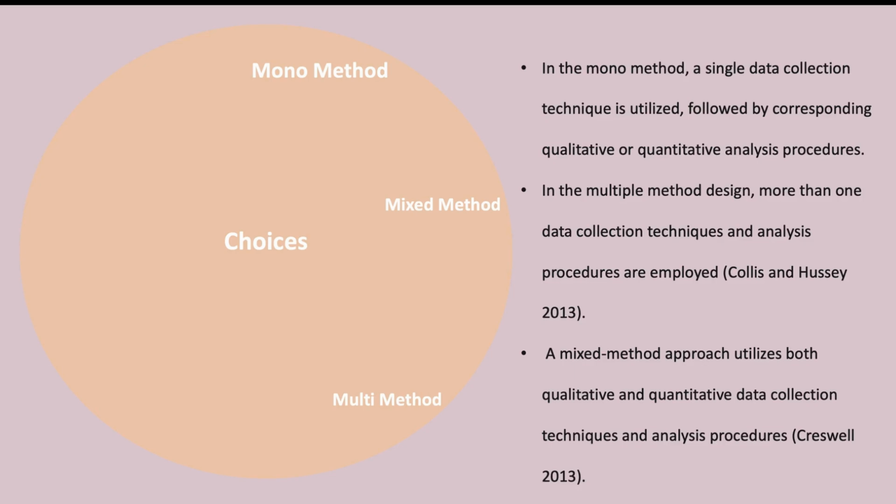So for the mono method, a single data collection technique is utilized. And for the mixed method, both qualitative and quantitative data collection techniques are utilized. An alternative methodological choice can be a multi-method, such as using observation and also using in-depth interviews.